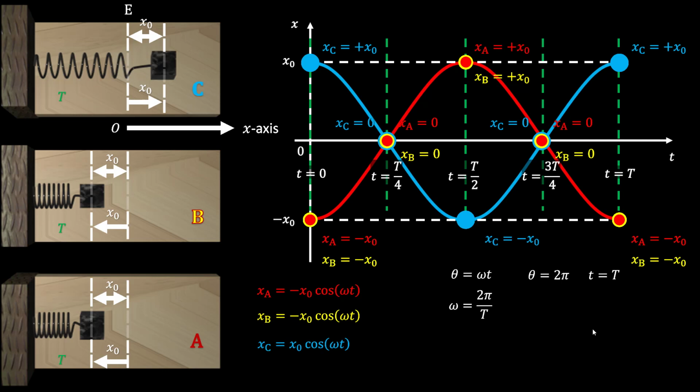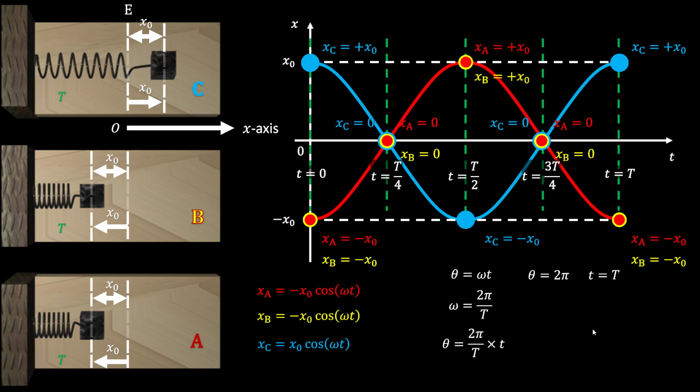Then we substitute this omega equal to 2 pi upon capital T into the equation omega t equals theta, and we have 2 pi upon capital T multiplied by t equals theta. This relation allows us to convert from time to angle and vice versa.